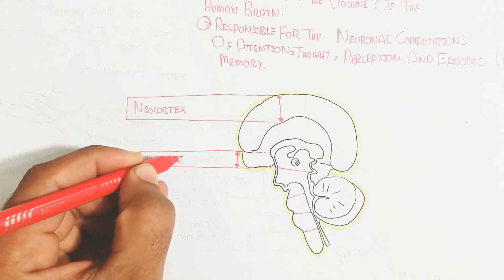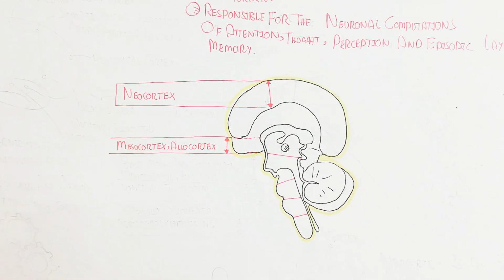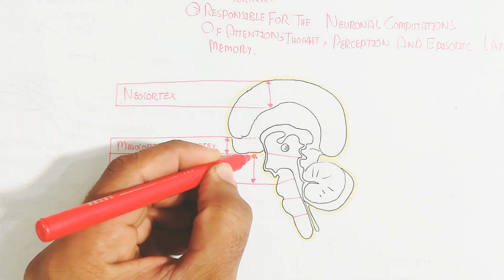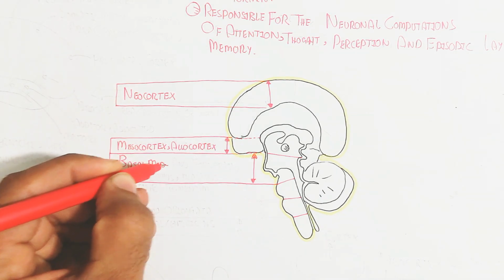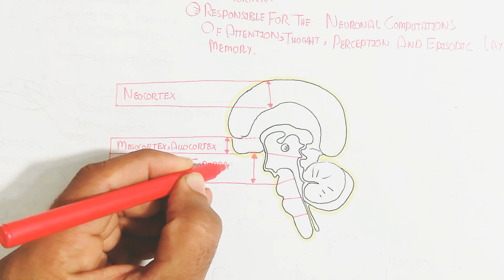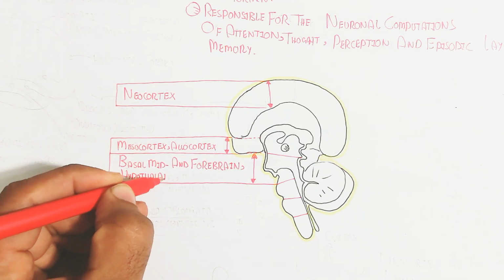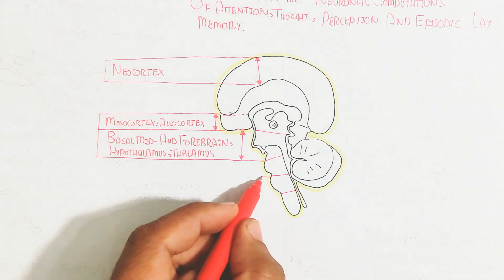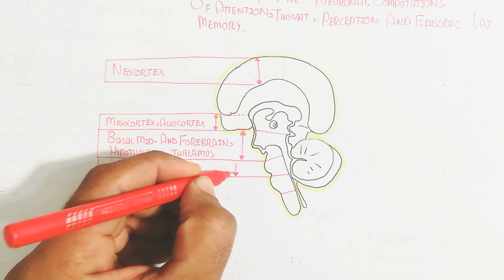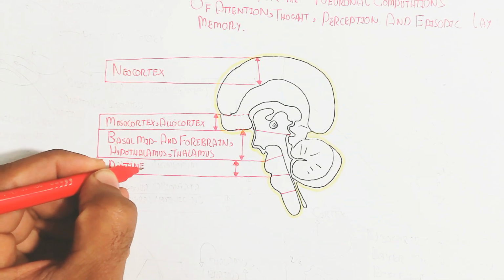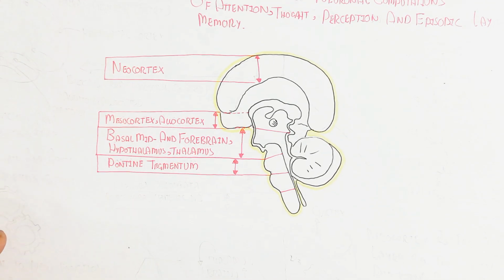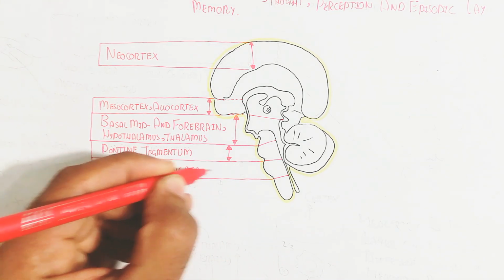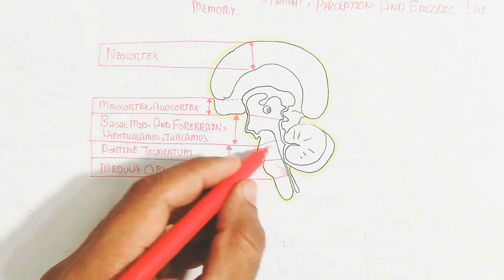So this is the mesocortex or allocortex, and the basal, mid and forebrain, hypothalamus and thalamus. And the lower part is the pontine tegmentum, and below the pontine tegmentum, the medulla oblongata and the peripheral and autonomic nervous system.